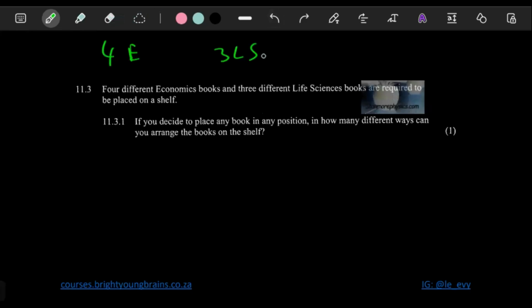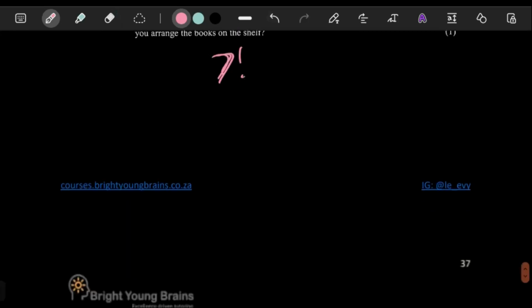If you decide to place any book in any position, in how many different ways can they be arranged on a shelf? Well, it's 4 objects plus 3 objects, so they can be arranged in 7 factorial ways, since there are no restrictions.